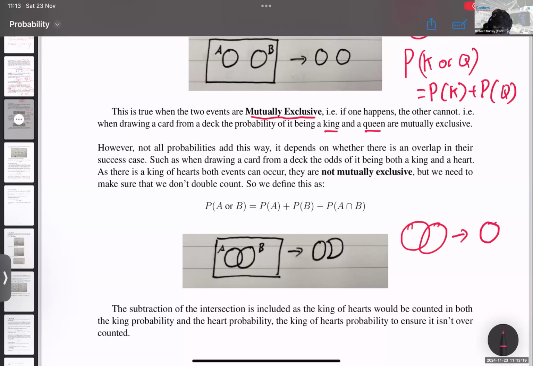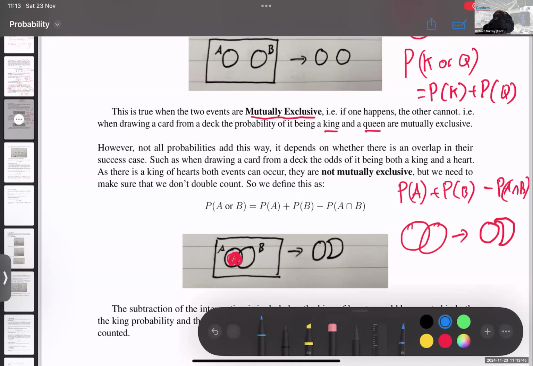So here we want to mathematically come up with a formula that gives us the equivalent of one full set and then the amount of the other set that's not contained in the first set. So what we're looking for is the probability of A plus the probability of B minus that overlap, which is described as the intersection of A and B. So if I've colored in this full set, and then this second set, if I were to color in that full blue region as well, we would have a red blob and a blue blob.